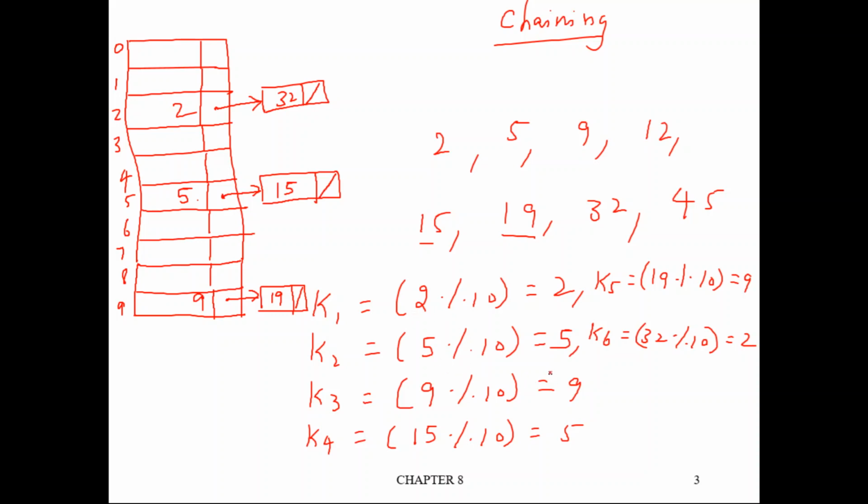The next value, K7, is 45. 45 modulo 10 is 5, but 5 already has a collision. See, 5's next pointer is pointing to 15. Now 15's next is null, so let 15's next point to another node, and in that data part we'll keep 45.